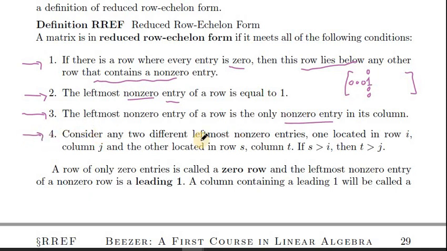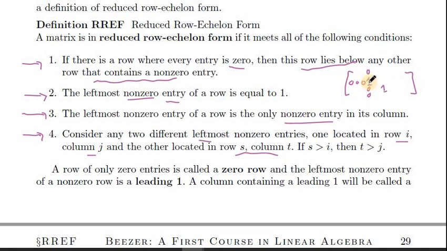This one says, consider any 2 different leftmost non-zero entries, one located in row i, column j, the other located in row s, column t. If s is greater than i, then t is greater than j. What that means is that if I have a leading 1 below this one, then that leading 1 has to be to the right.